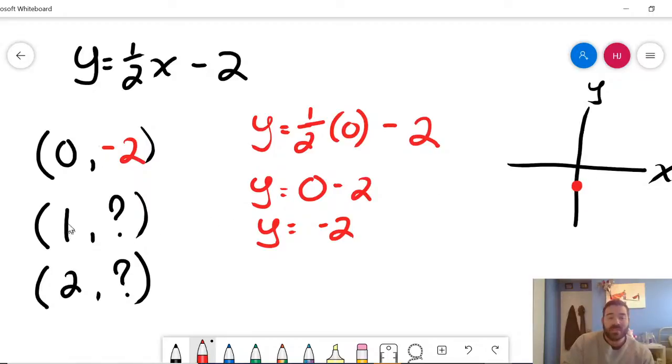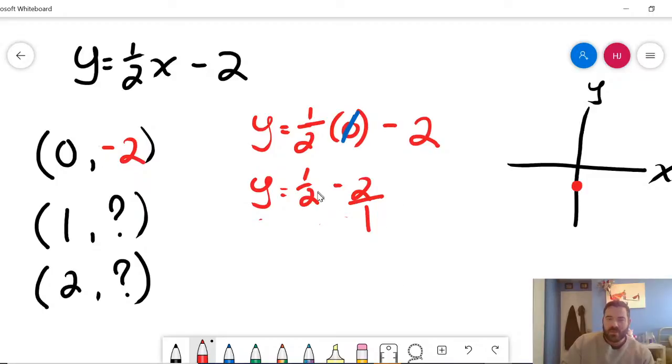So that would be something right down here. I want to know what y is when x is 1. So I would do the same thing, but I would replace the x with 1. So I'd put 1 in here: 1/2 times 1 is 1/2. And 1/2 minus 2. Well, in order to do this, I need to create a fraction in the second term.